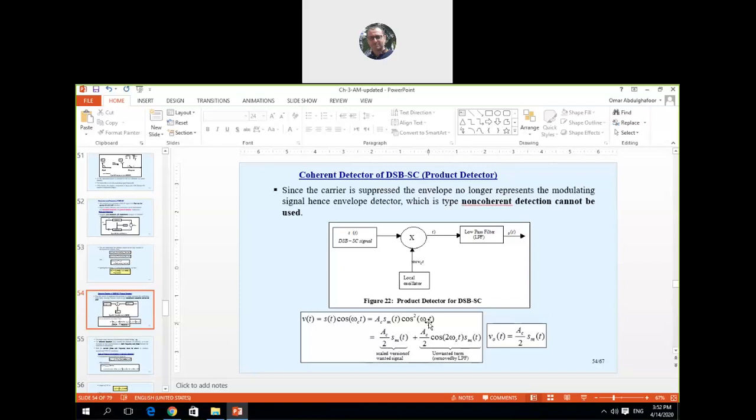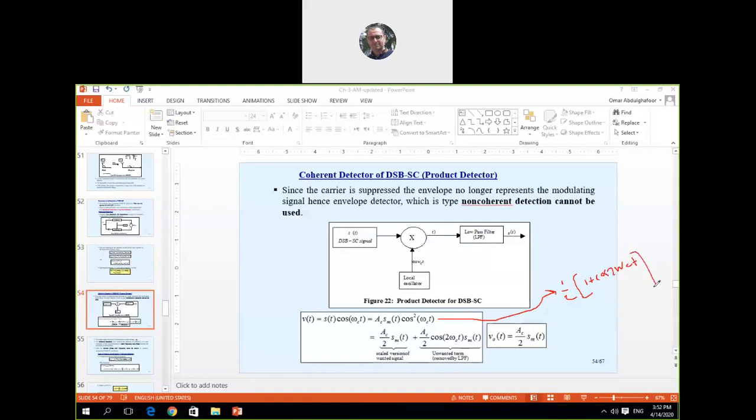Then from the trig relation, cosine squared can be rewritten as 1 over 2 times 1 plus cosine 2 omega c t.